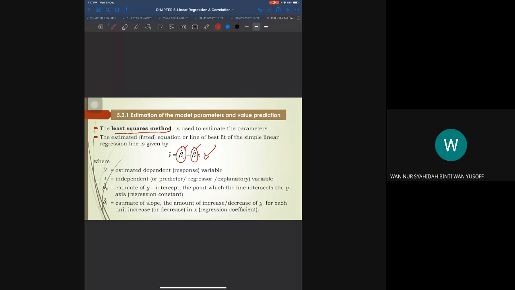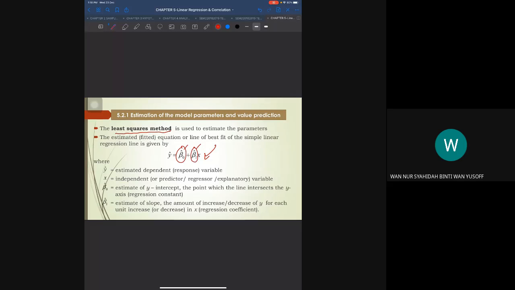So dalam soalan, if the question says estimate the parameters, then you have to know it is about beta node cap and also beta 1 cap. Beta node is still the intercept, beta 1 cap still the slope. Beta node cap is the point where the line intercepts with the y-axis.